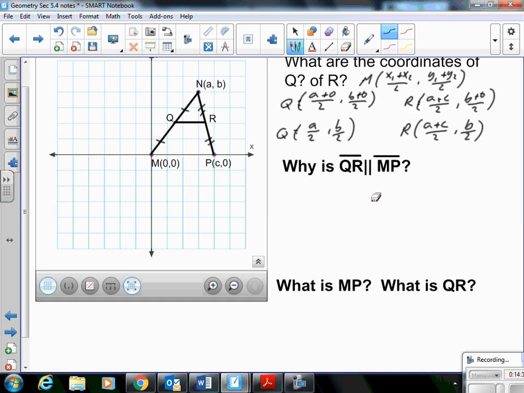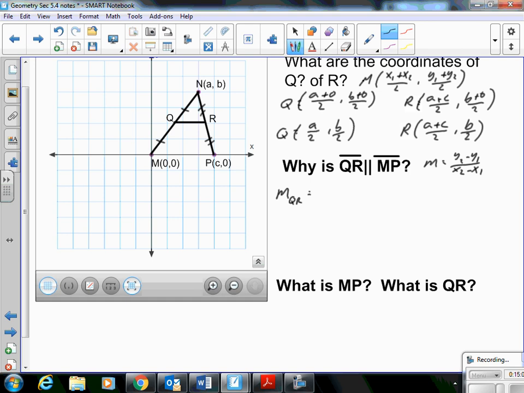Start off with the slope of QR. So in order to find the slope, it's going to be y2 minus y1 over x2 minus x1.